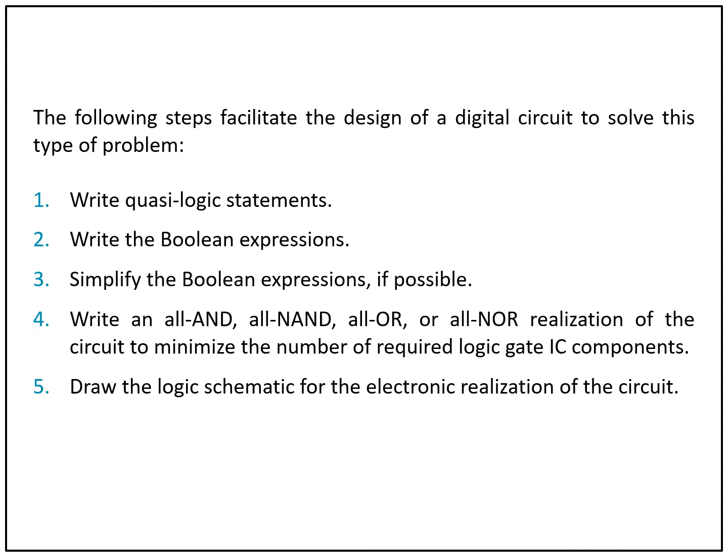This would usually result in the minimum number of required integrated chip components. And the final step would be to draw the logic schematic for the electronic realization of the circuit itself.